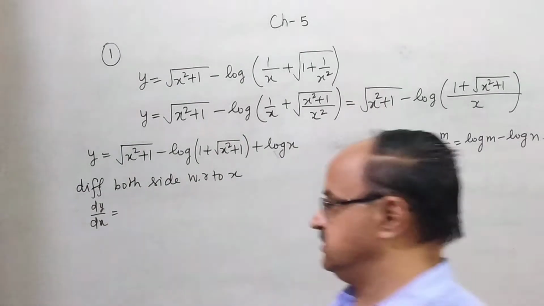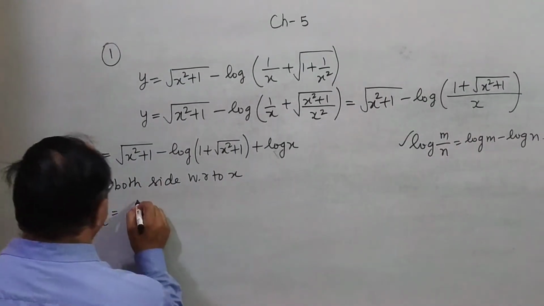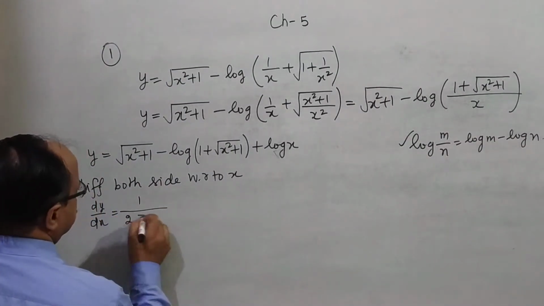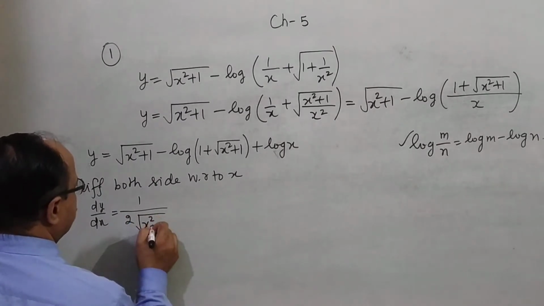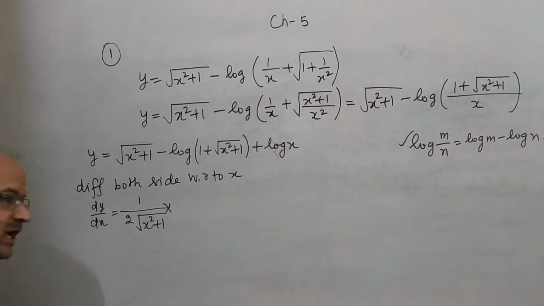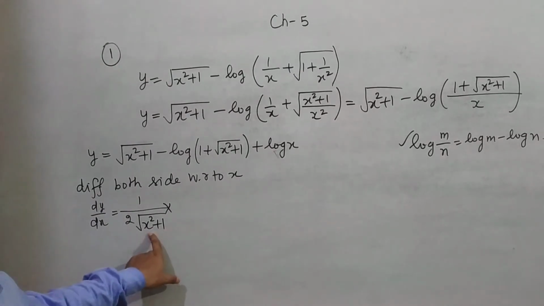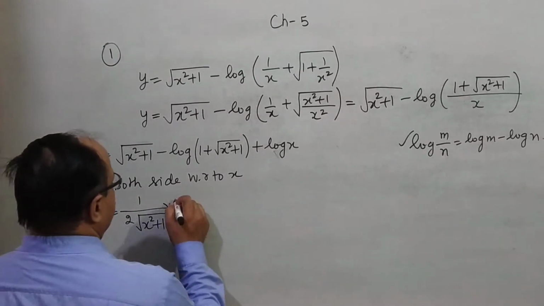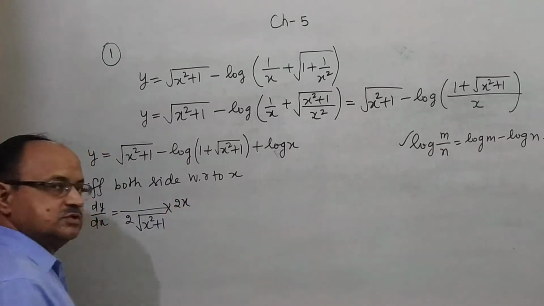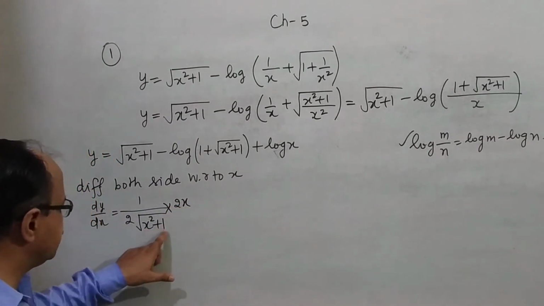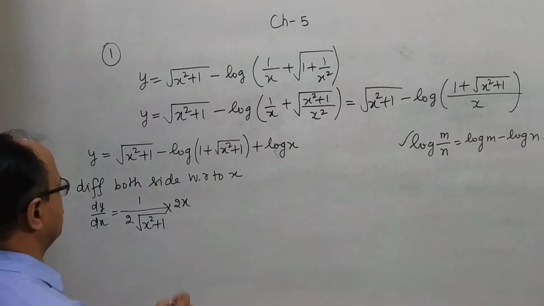Same procedure, you can write 1 by 2 root x square plus 1. And the derivative of x square plus 1, according to the chain rule, is 2x, because you know that the derivative of x square is 2x and the derivative of 1 is 0.